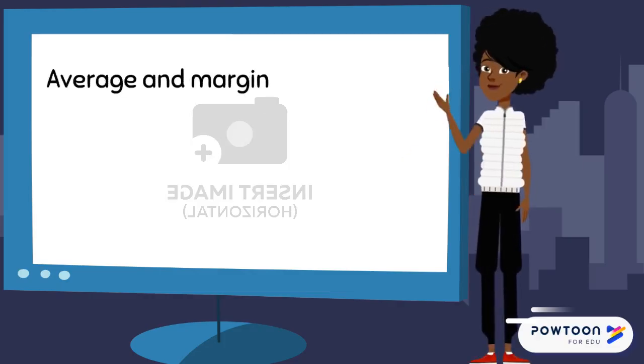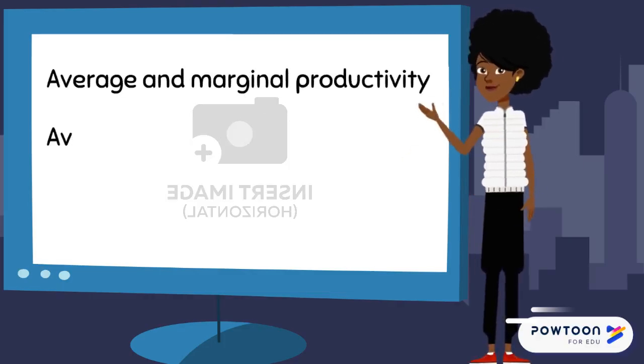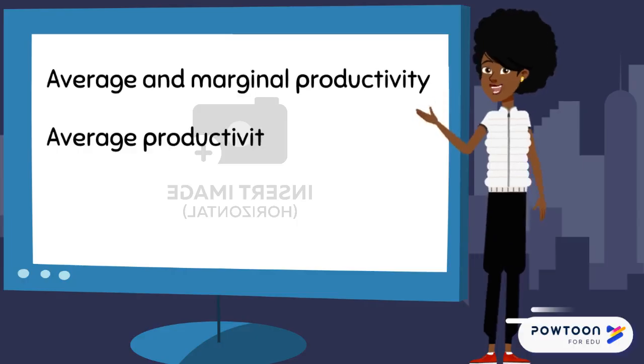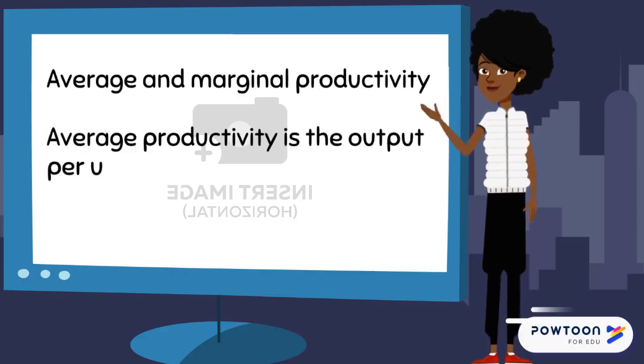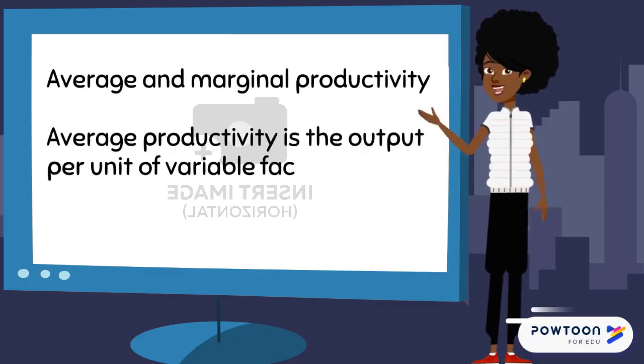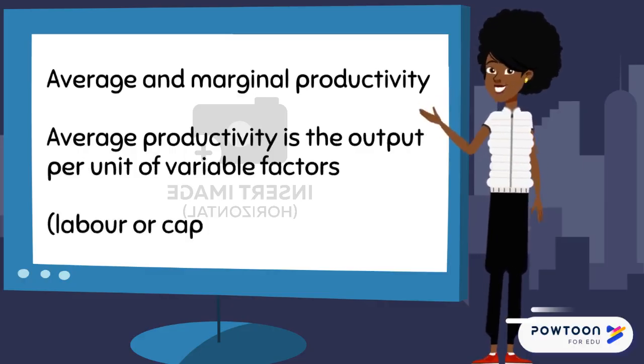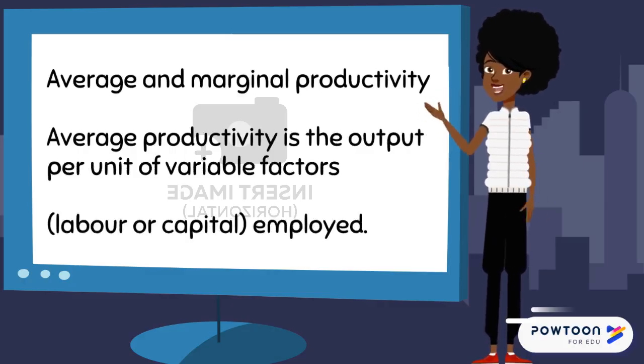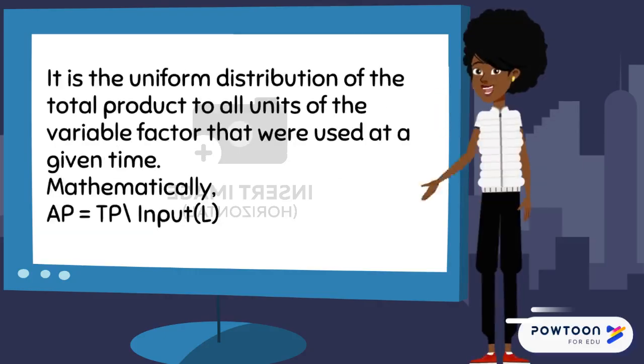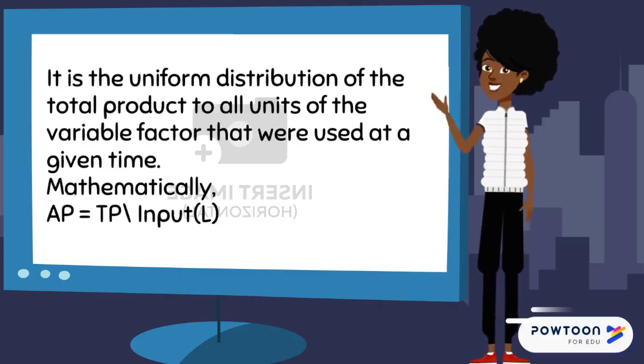Let's discuss average and marginal productivity. Average productivity is the output per unit of variable factors, for example, labor or capital employed. It is the uniform distribution of the total product to all units of the variable factors that were used at a given time.